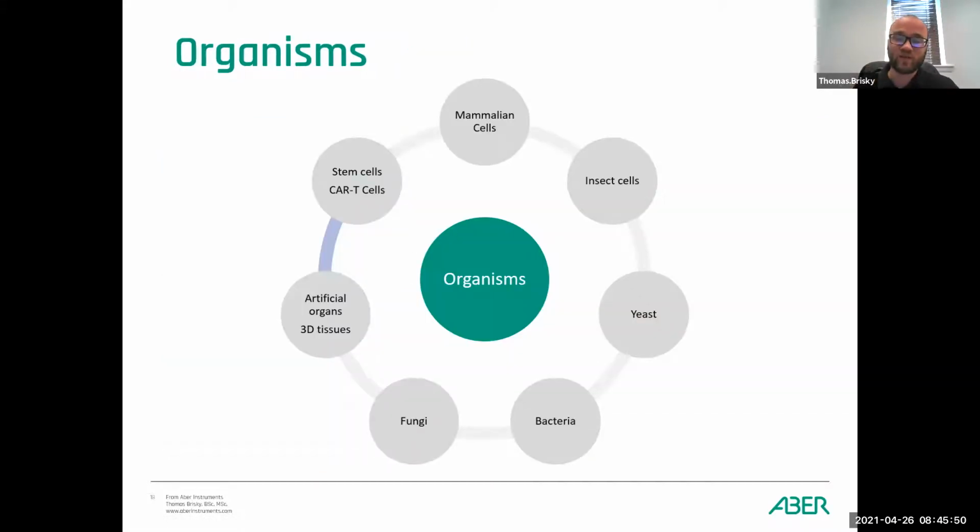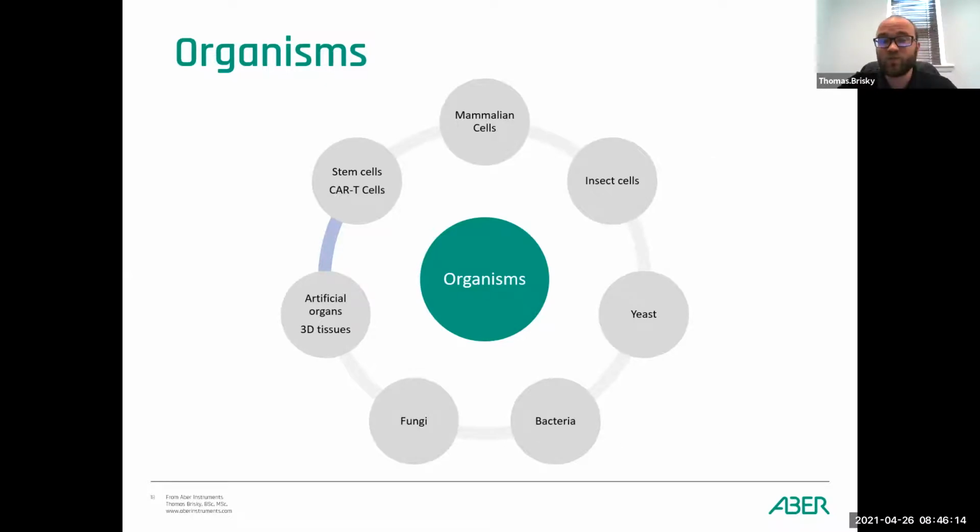In terms of the cells, the technology has had success in mammalian cells. So for example, CHO cells, HEK, NSO. We have also worked with insect cells, specifically the SF9, and I'll present some interesting data sets with SF9 and with HEK cells in just a little bit.